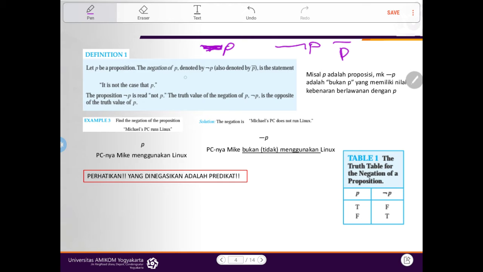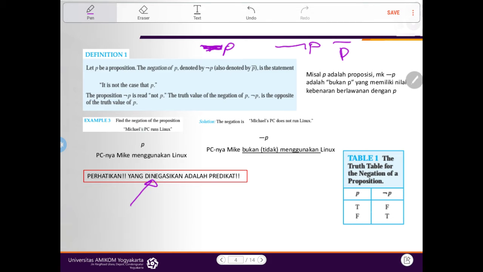In the statement, if P is a proposition, then not P is, it is not the case that P. For example, if P is Michael's PC runs Linux, then not P is Michael's PC does not run Linux. I should emphasize that the negation is not on the subject but on the predicate.